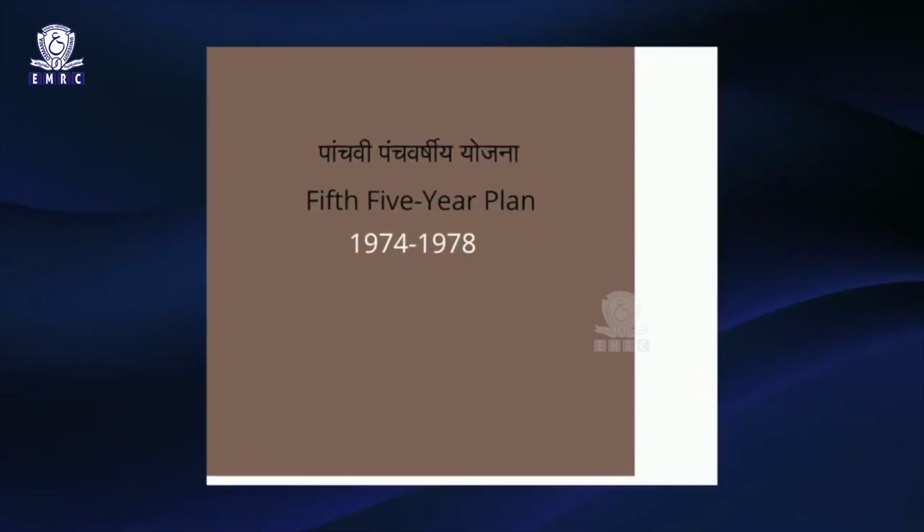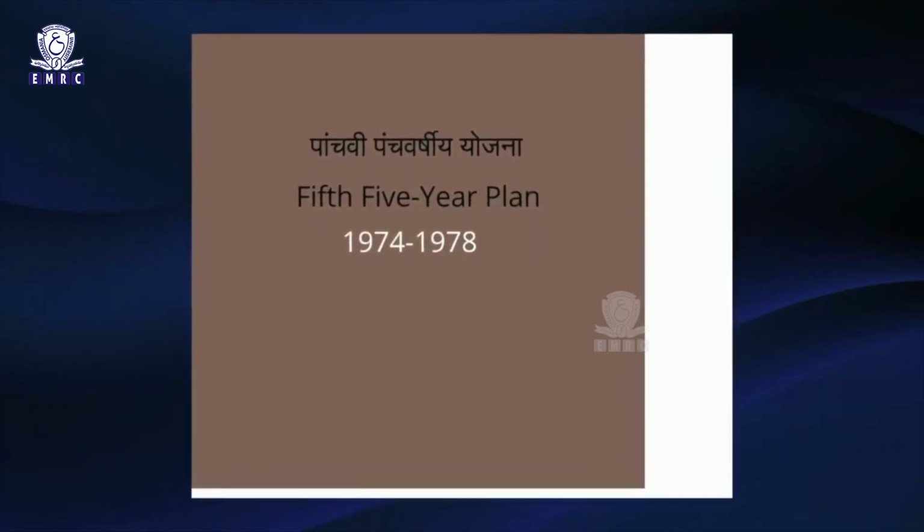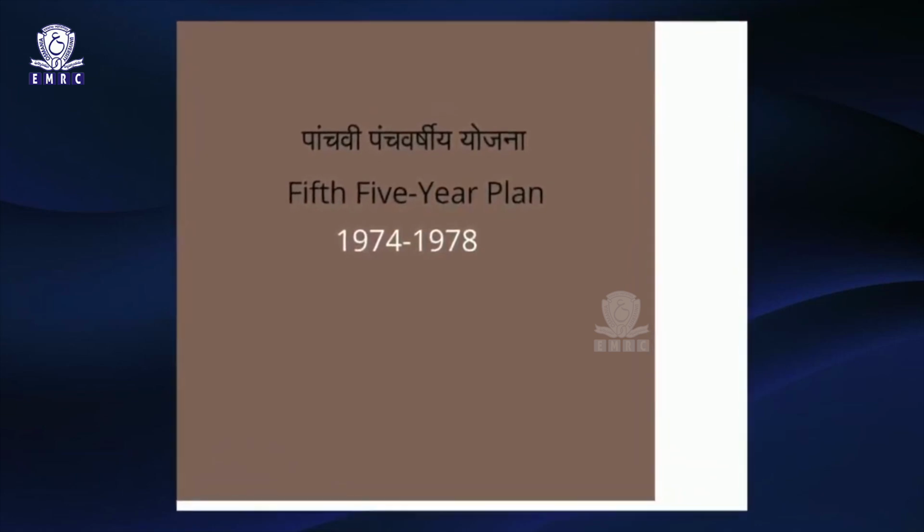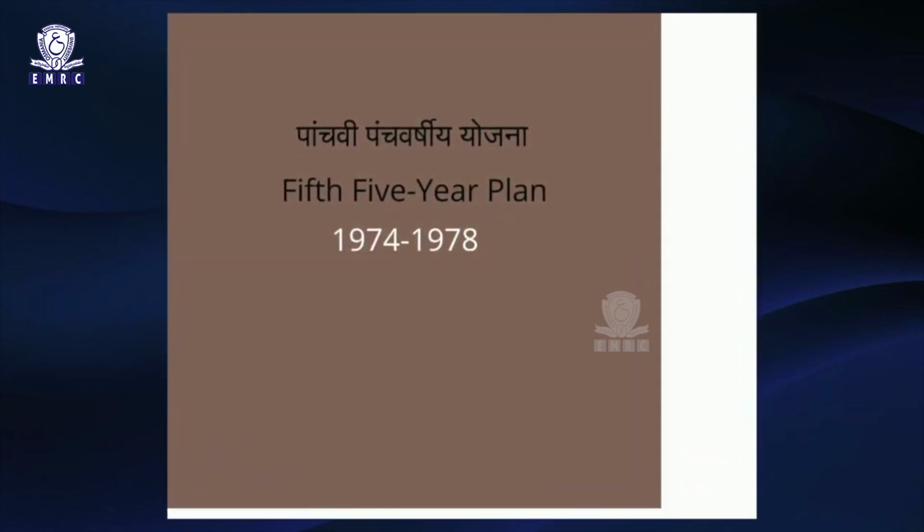Agriculture orientation with stress on improved agricultural inputs like implements, fertilizers, seeds, irrigation facilities, etc. was significant during this plan. Besides, developing veterinary services, fisheries, etc. also received attention. The fifth 5-year plan between 1974 to 1978 was based on integrated area development approach.